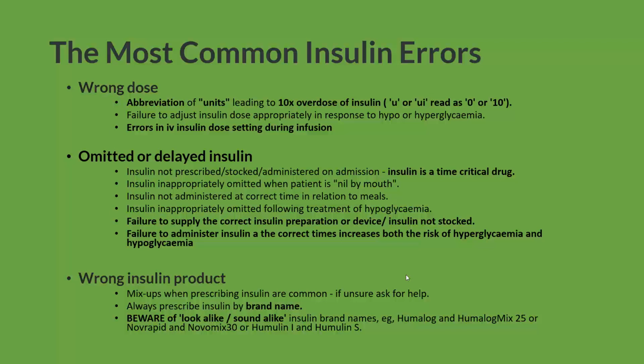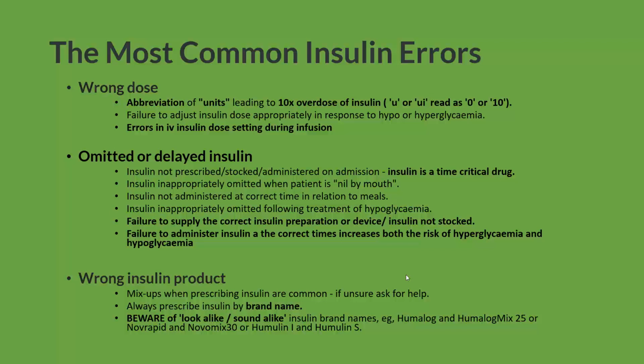When we asked the nurse, we were told we don't have Humalog, we have only Novorapid. As doctors, we should know that Novorapid and Humalog can be interchanged. They are very similar, though not the same. So we should have told the nurse in the morning itself, or the nurse should have highlighted it.